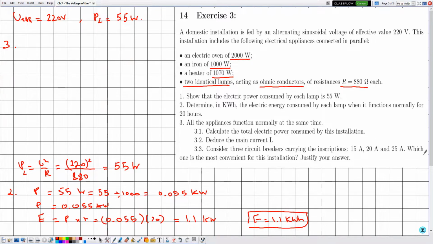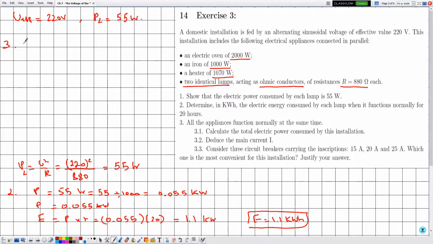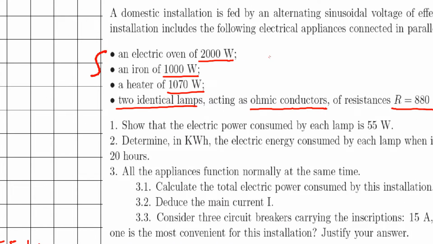Now in number 3, all the appliances function normally at the same time. 3.1. Calculate the total electric power consumed by this installation, and by the total it means the sum. So this installation consists of these appliances.